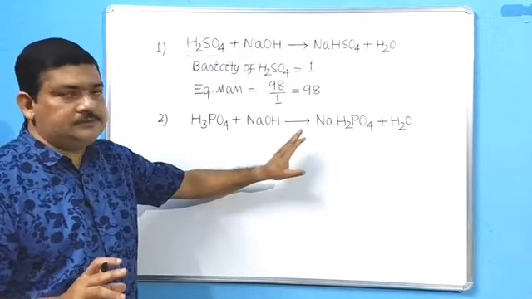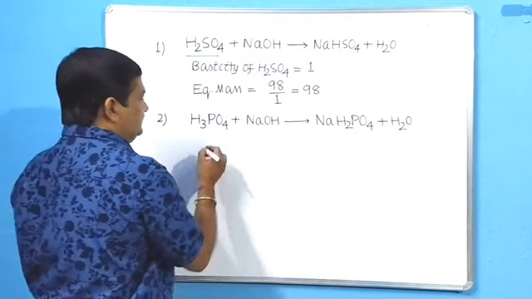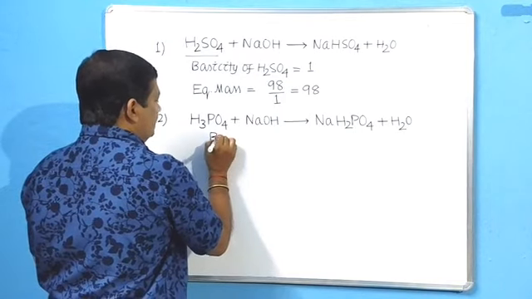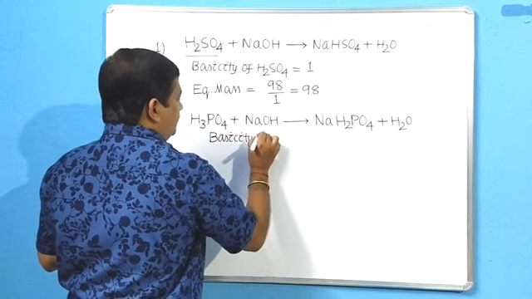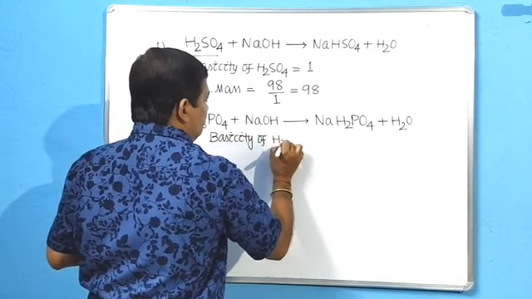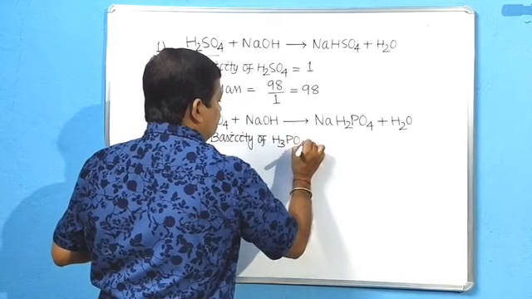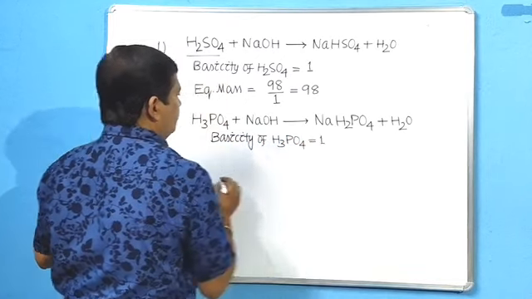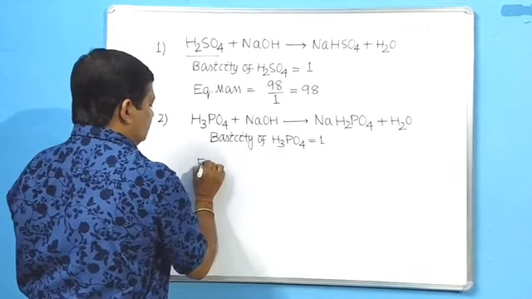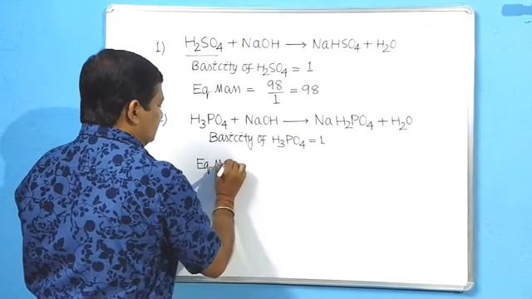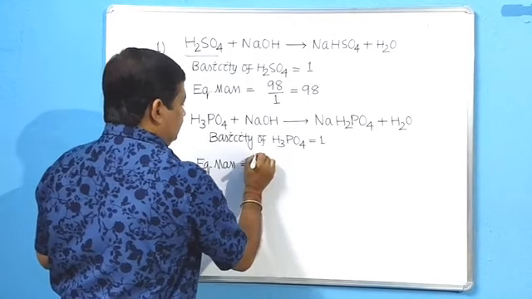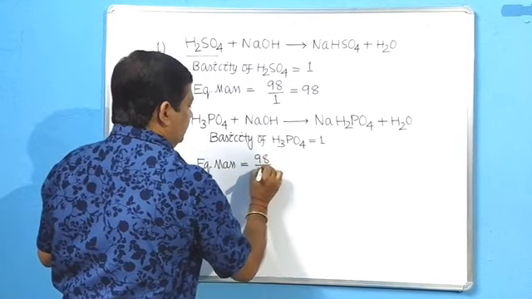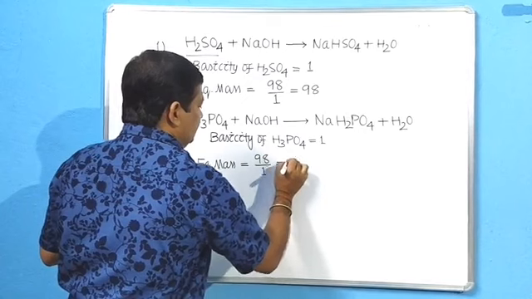Look, one H plus is going and two are remaining. So the number of replaceable H plus ions here is also 1. So here also the basicity of phosphoric acid, that is H3PO4, is 1. So what will be the equivalent mass? It will be 98 divided by 1, that is 98.